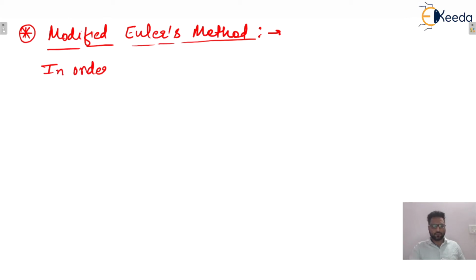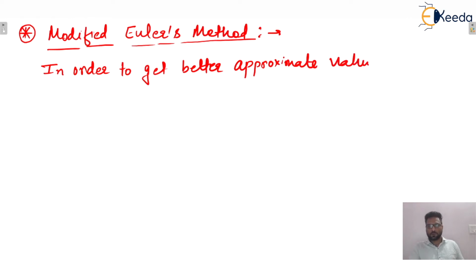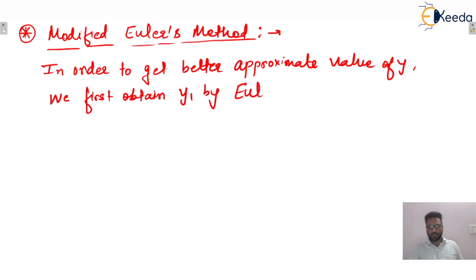In order to get a better approximate value of y, we first obtain y1 by Euler's method, meaning standard Euler's method.